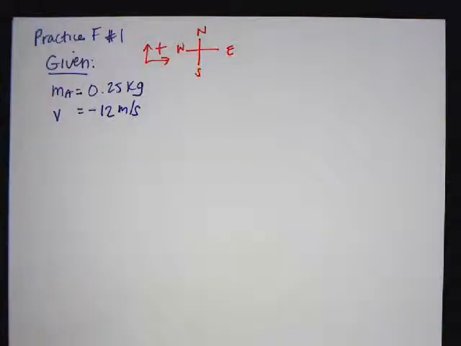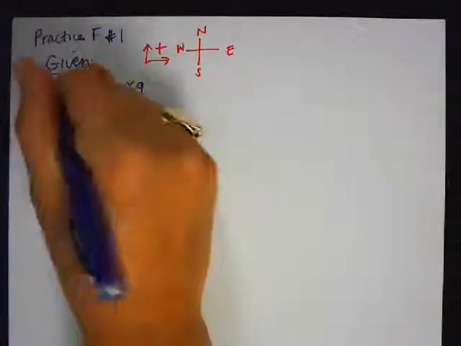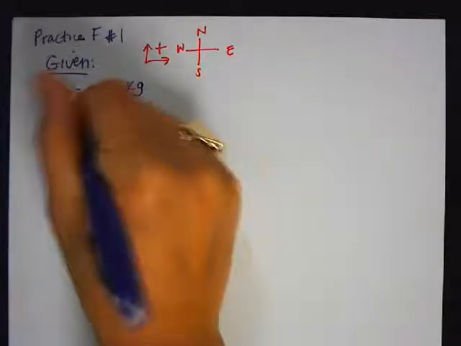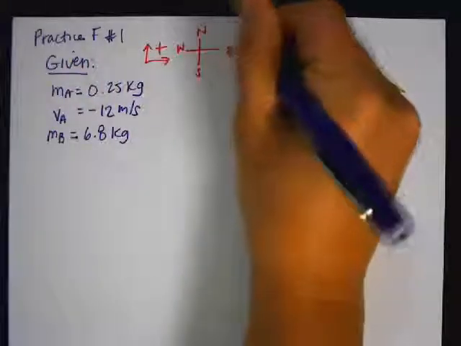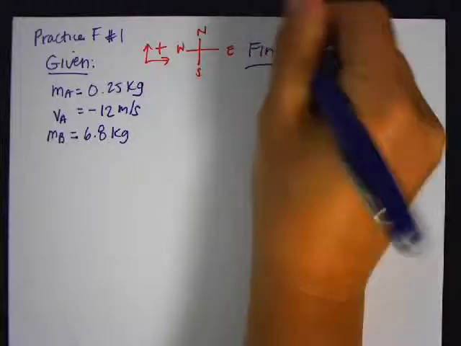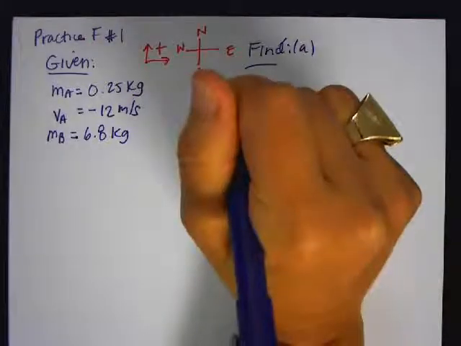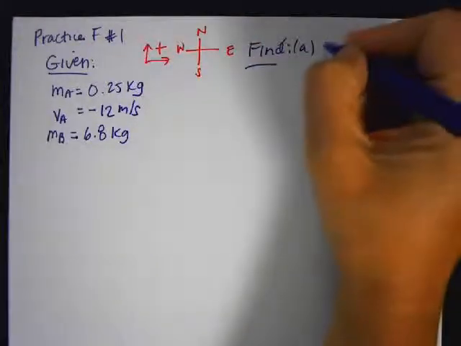Strikes and pierces the center of a 6.8 kilogram target. So MB is equal to 6.8 kilograms. Find A, the final velocity of the combined mass. Now, first we're going to think about this.